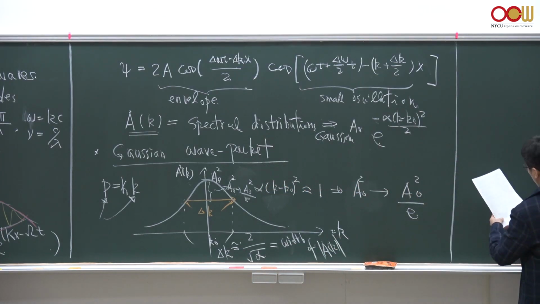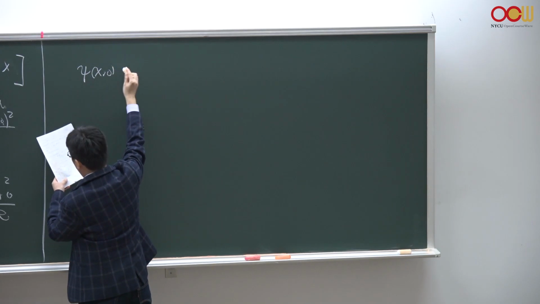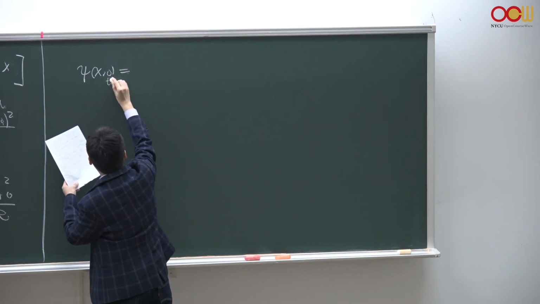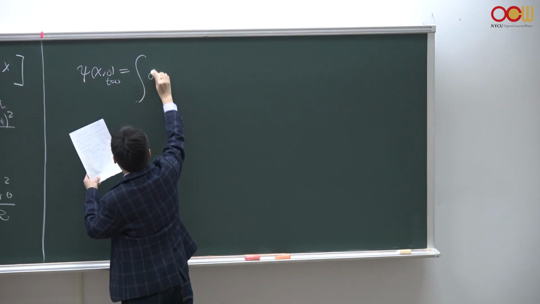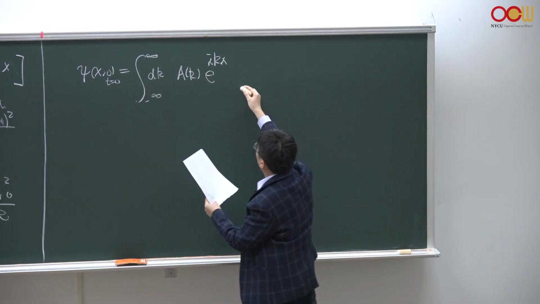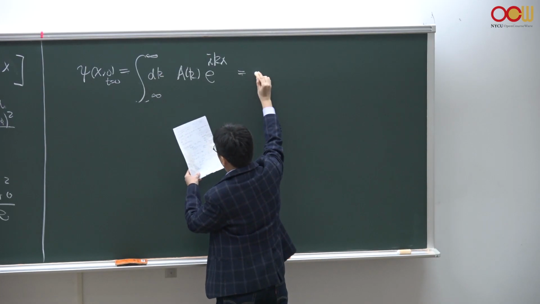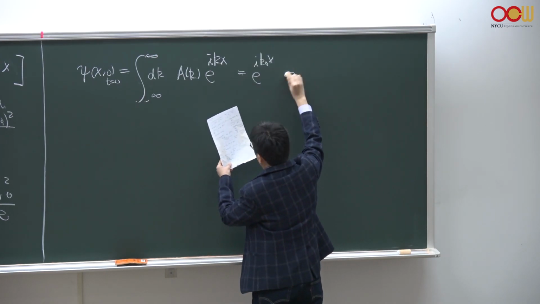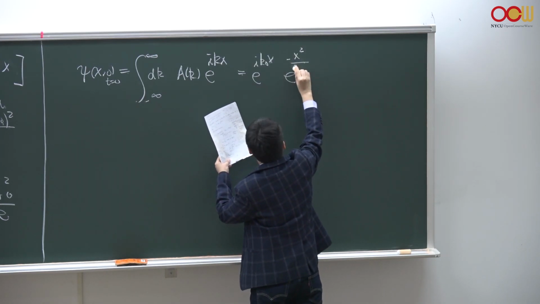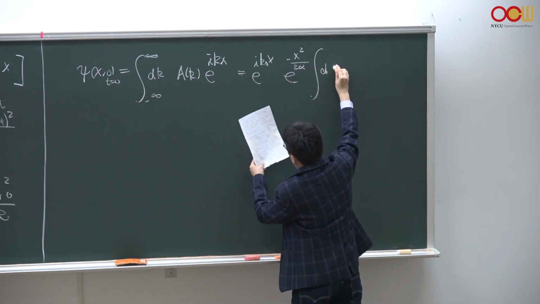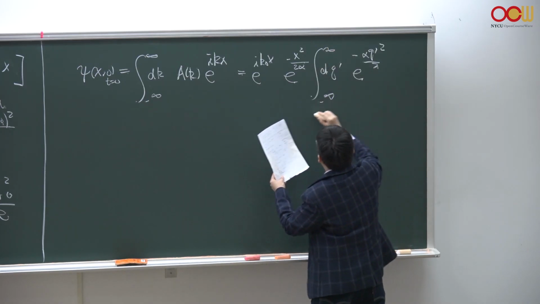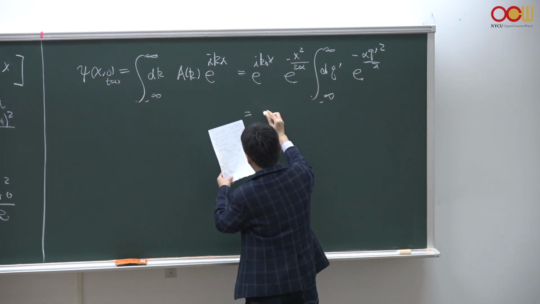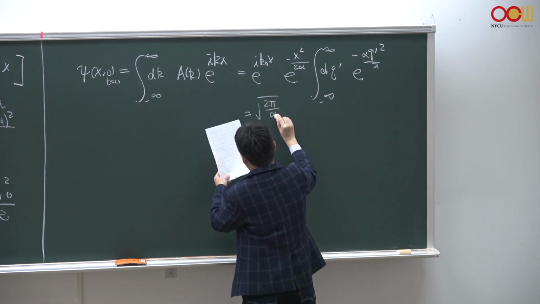Good. So then we could calculate this wave function at fixed time, say t equals 0, for this Gaussian wave packet, and this is given by the following form in the x coordinate, and this is simply just a Gauss integral.